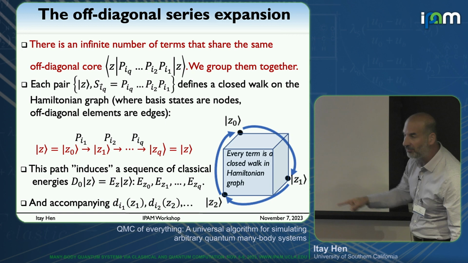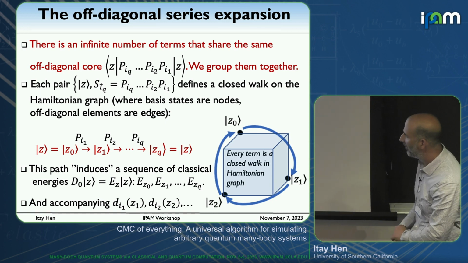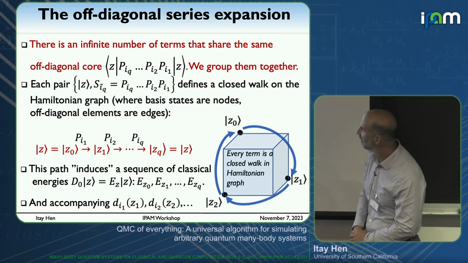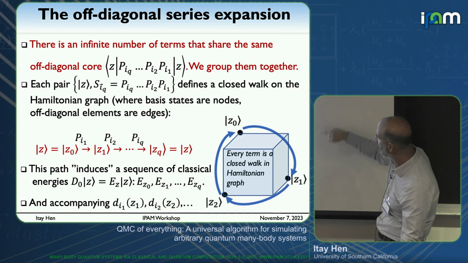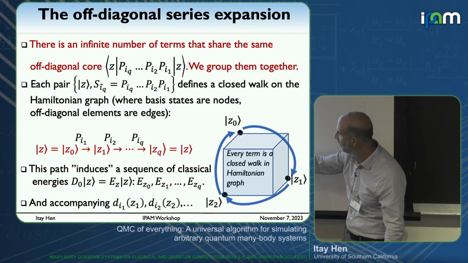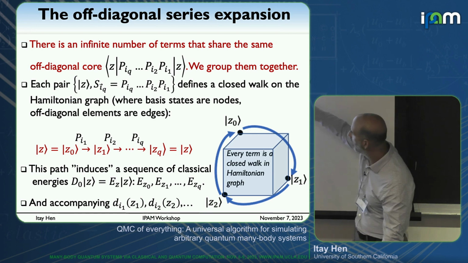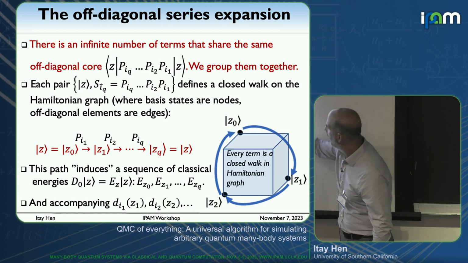You have to go back to the original z. This is the periodicity of imaginary time in QMC, by the way. So you can imagine each core like that as a walk that starts from z, goes, a p will take it to some other z, and then another p to another z, and you have to go back. And so you have what in graph theory we call a walk, not a path.